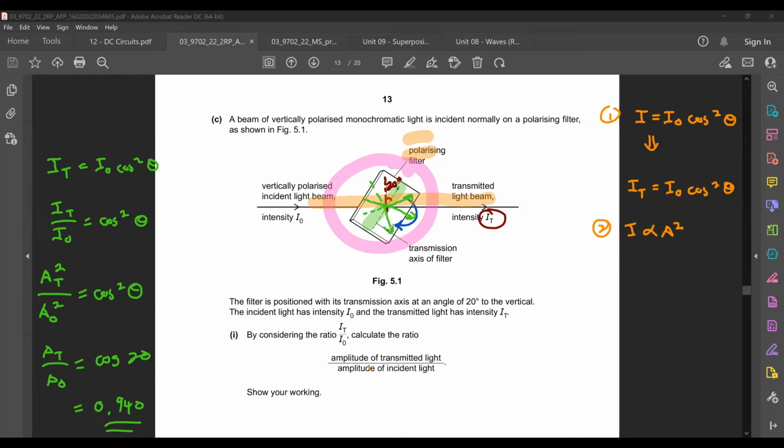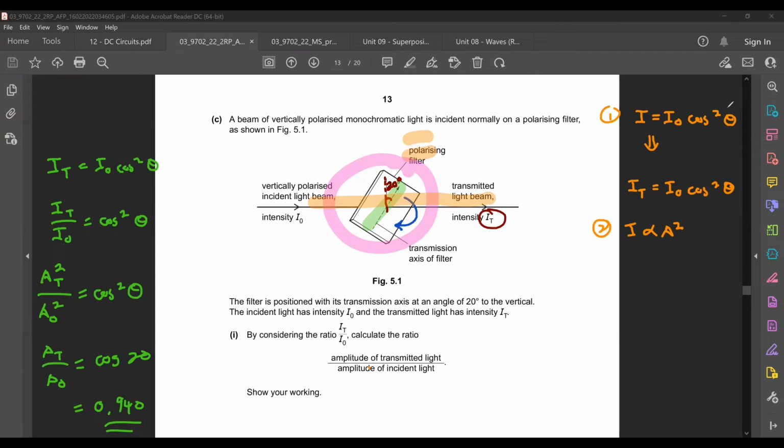You start to tilt, but they're asking what is the angle that you will need to rotate it by in order to get back the same intensity IT as before. That is what the question actually wants you to do. How much angle should you rotate it in order to get back the same intensity as before?